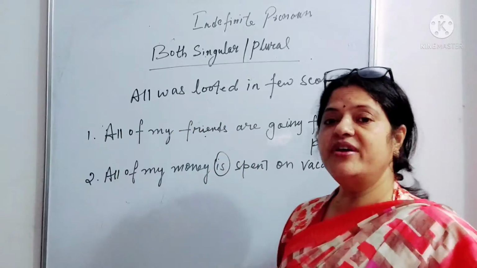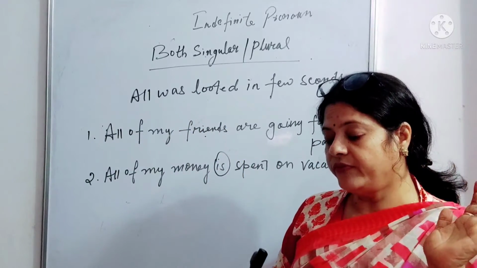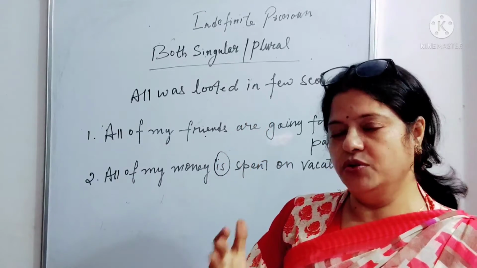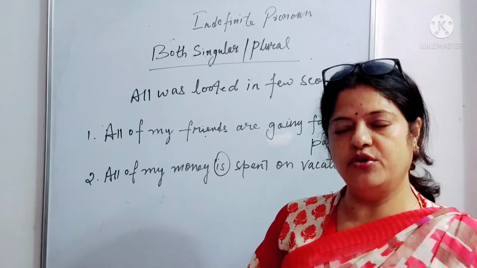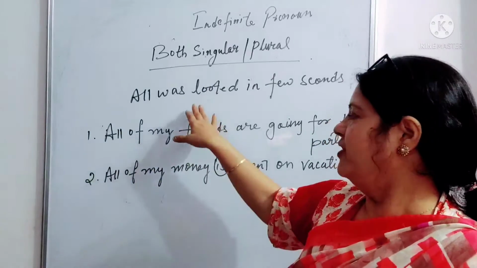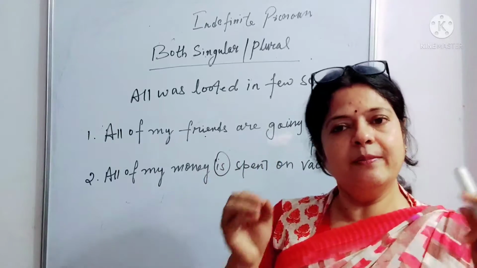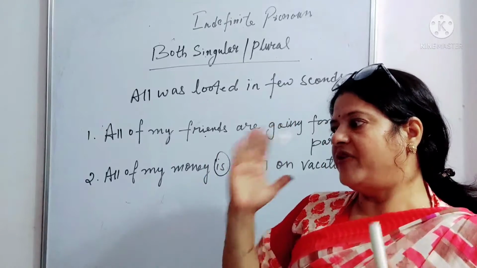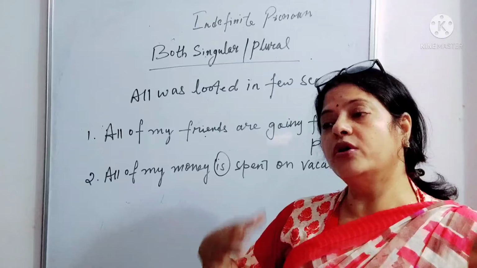So just try to understand the situation that if some person's house was looted by some robbers, we actually don't know, we are not going to tell about each item of the house, like the fan or the jewelry or the money.